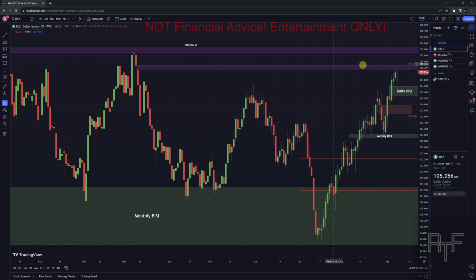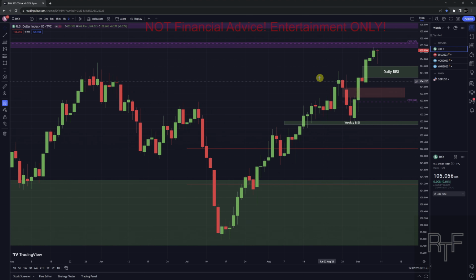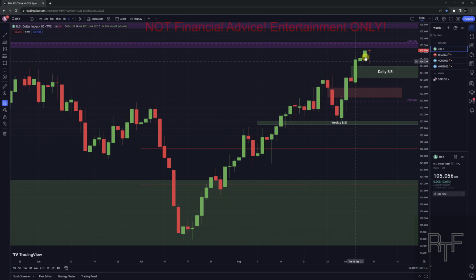So this lends pretty well for price to reach up into that CE. Now, if we look closer, we see that we had already reached into the daily volume imbalance and we rejected it. Price came back up and traded above the previous day's close.